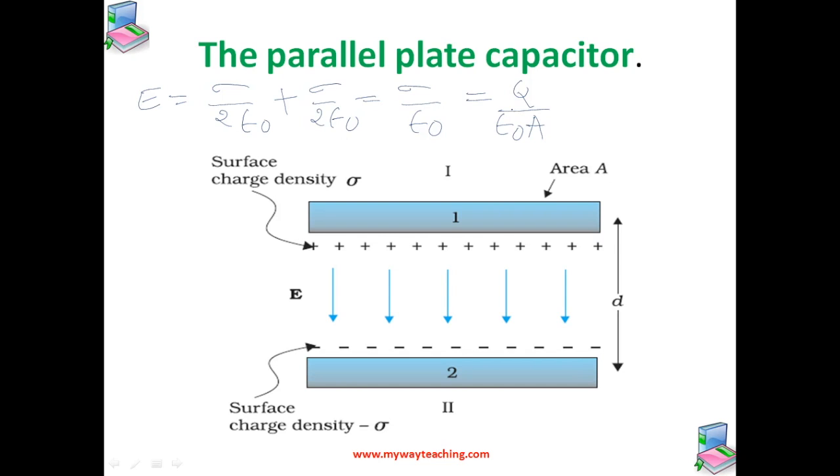Now for uniform electric field, the potential difference is simply the electric field times the distance between the plates. So the potential difference is given by E d, that is Q d by epsilon naught A. The capacitance C of a parallel plate capacitor is given by C is equal to Q by V, which is equal to epsilon naught A by d, isn't it?